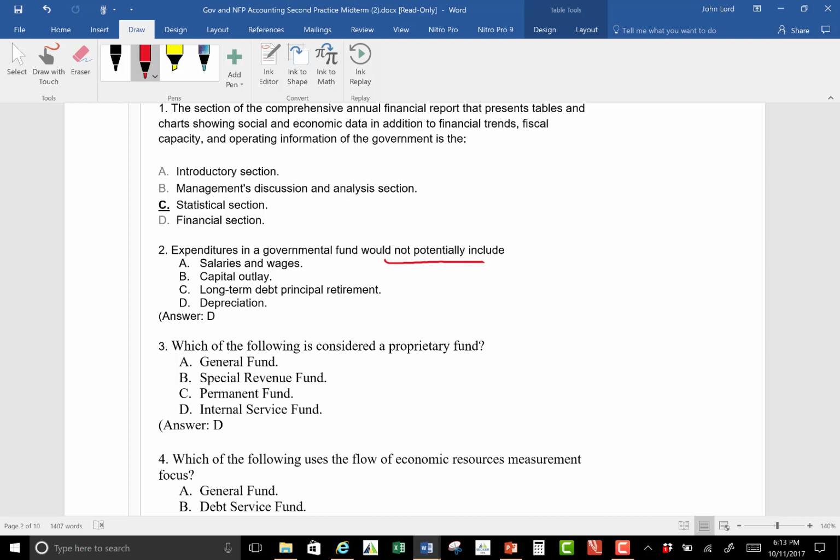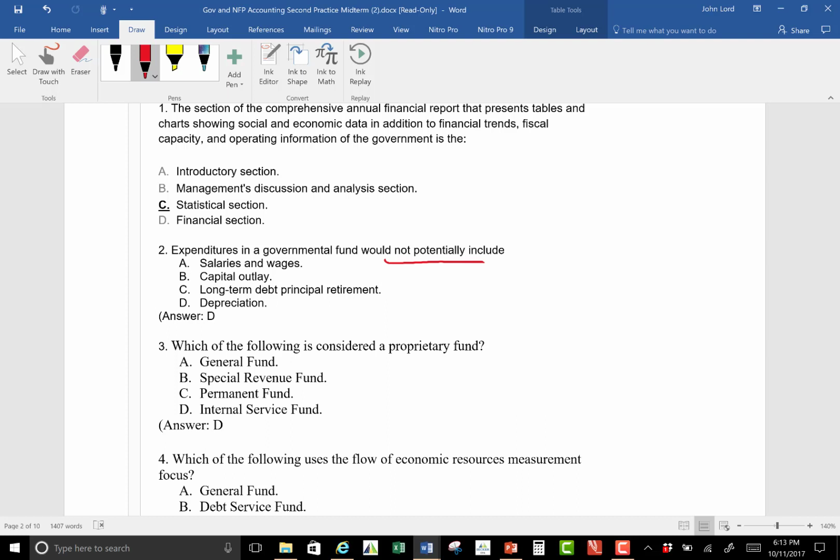So if we debit cash when we issue the bond, we credit other financing sources, don't we? When we pay the bond back, since there's no long-term debt for us to debit, we would have to debit the expenditure and credit the cash when we pay that. So paying off of long-term debt is an expenditure.